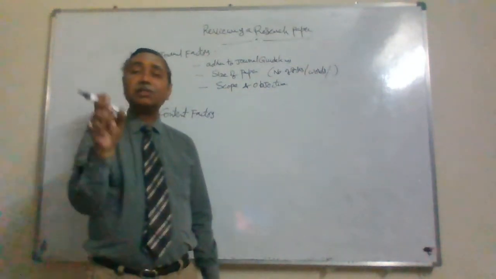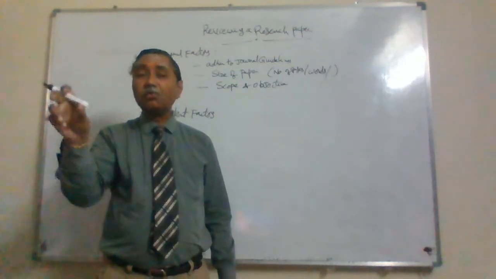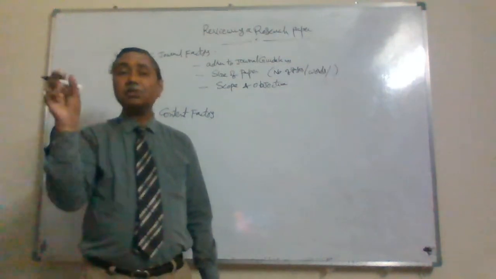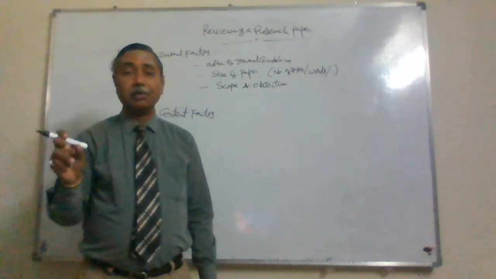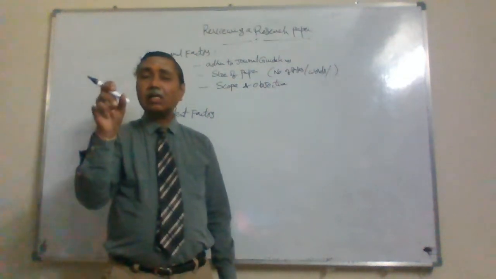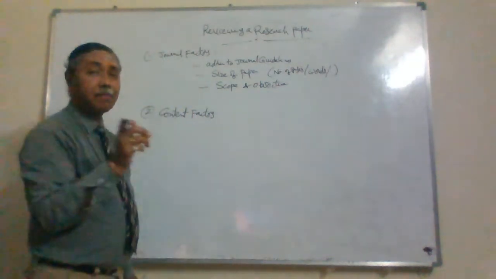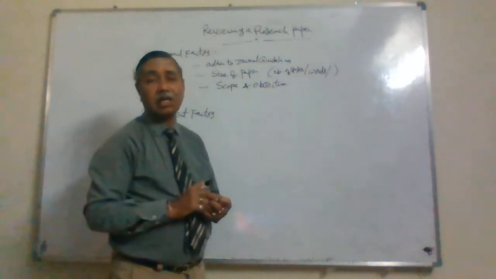Or there will be domain specific journals, like the Journal of Human Resources Management, which publishes only human resources. An entrepreneurship journal will be there, or a journal on management and economy. So is the submitted paper in line with the scope or objective of the journal?